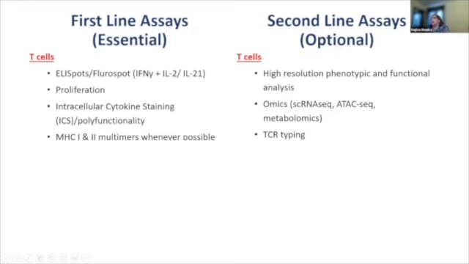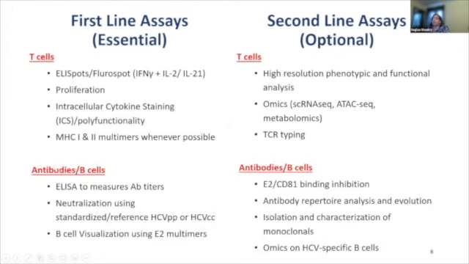Second-line assays would be more in-depth, high-resolution phenotypic and functional analysis, a lot of the omics assays I mentioned, and PCR typing in order to track the expansion and contraction of particular clones. For antibodies or B cells, we definitely need to look at ELISA.